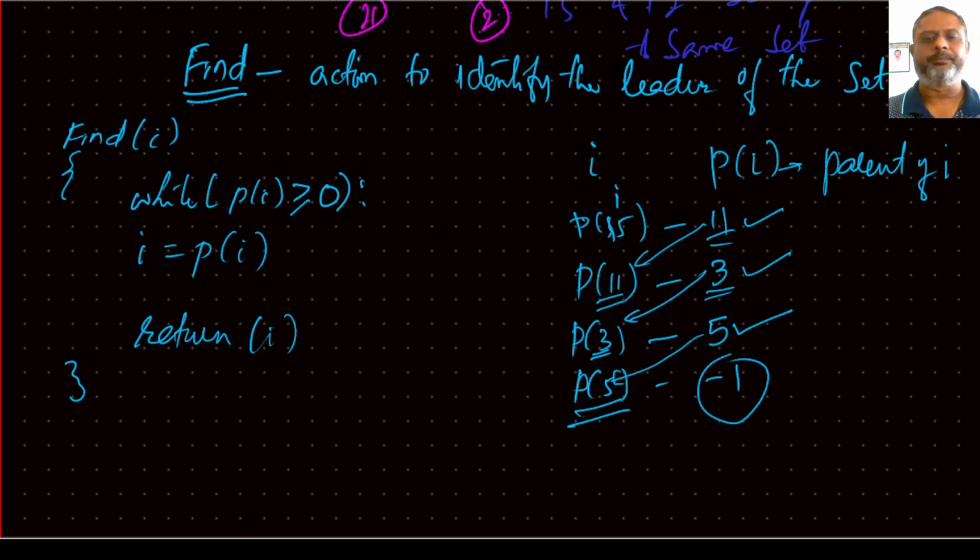Then the parent of 5 gives minus 1, therefore the loop breaks. This line no longer runs when I is equal to 5, and it returns 5. So that's the logic of find.